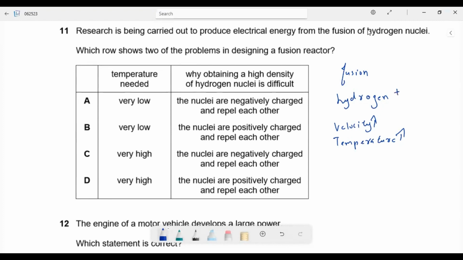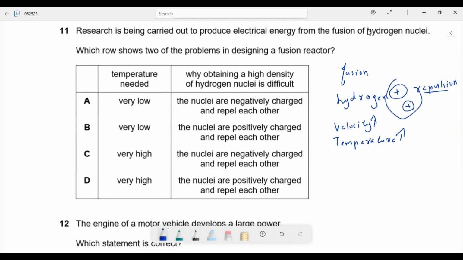As the hydrogen nuclei are positively charged, the electrostatic repulsion between them will be large. We need to overcome this repulsion to fuse them together.